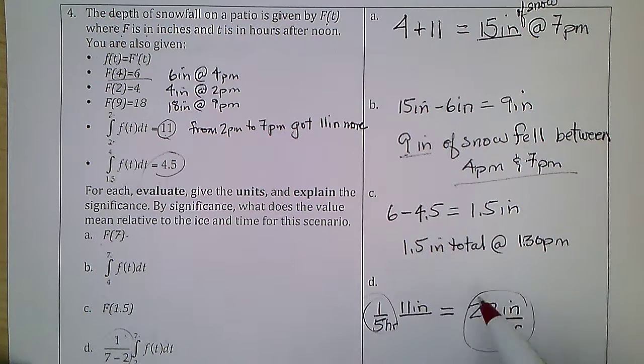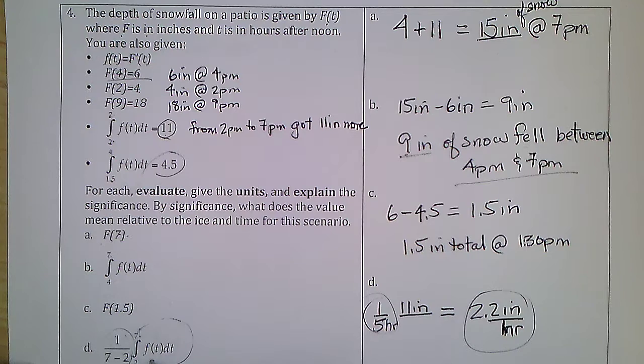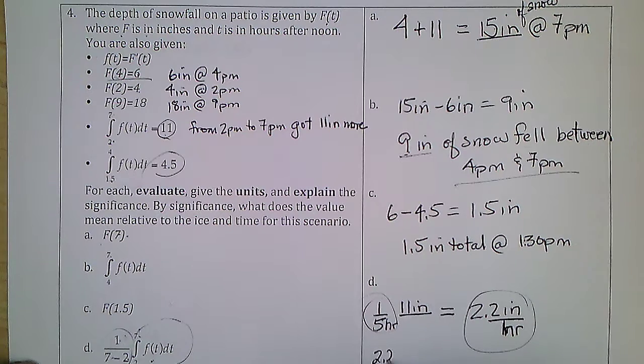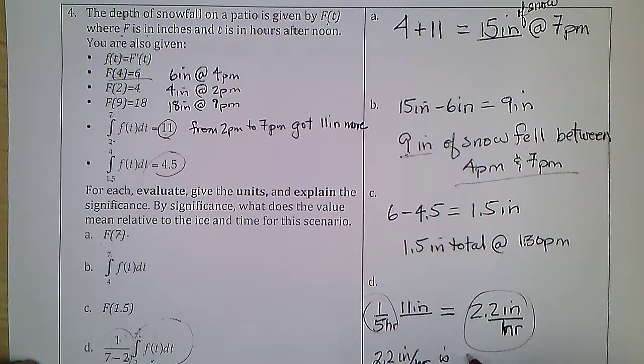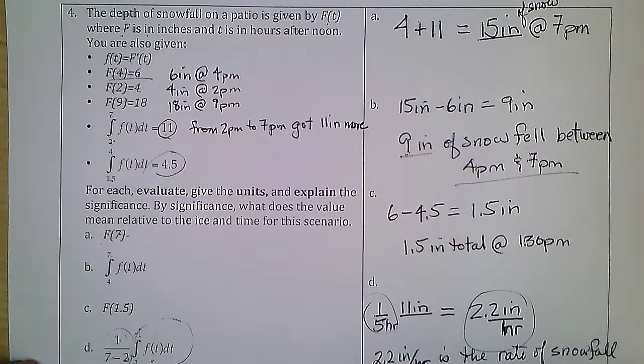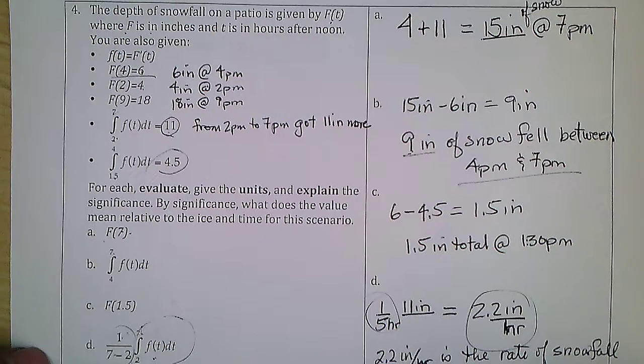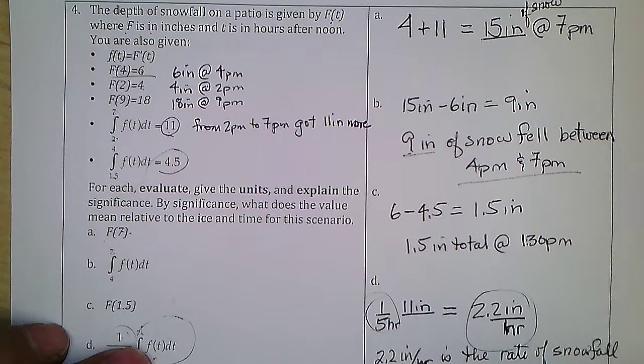So this is a rate. This is the change in thickness divided by the change in time. So this is 2.2 inches per hour is the rate of snowfall from 2 p.m. to 7 p.m.